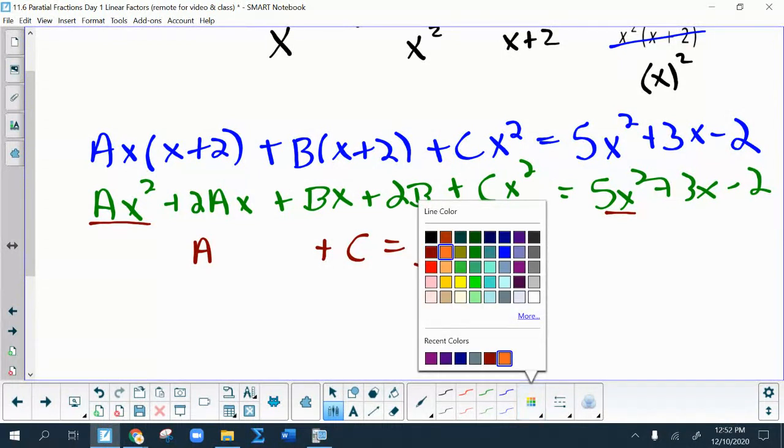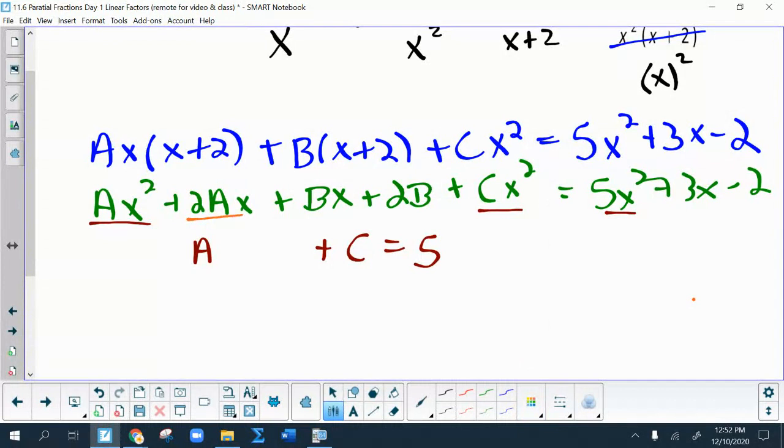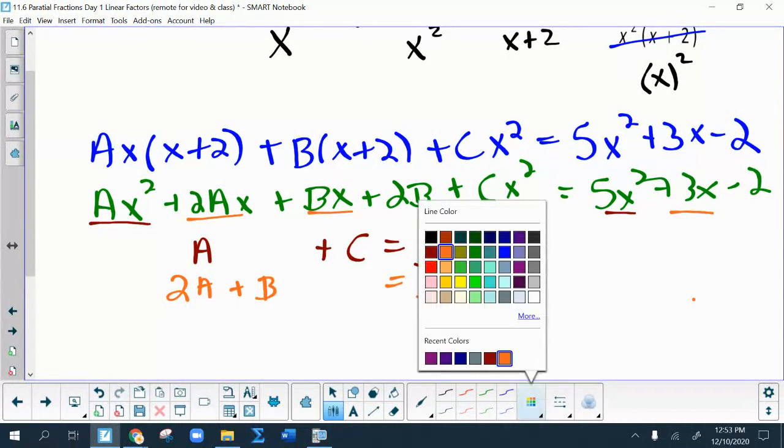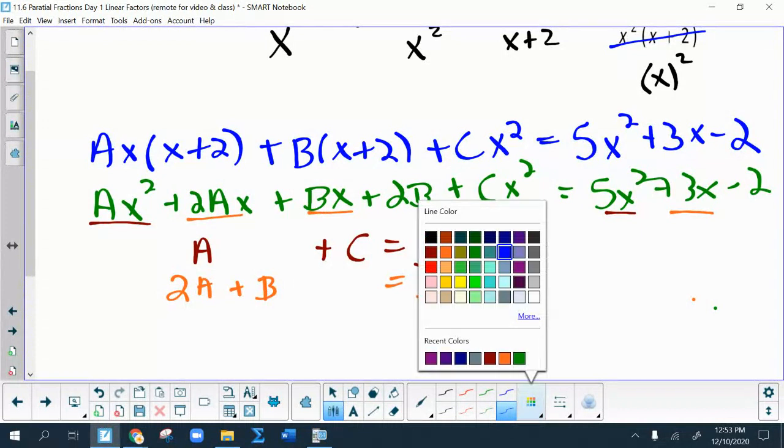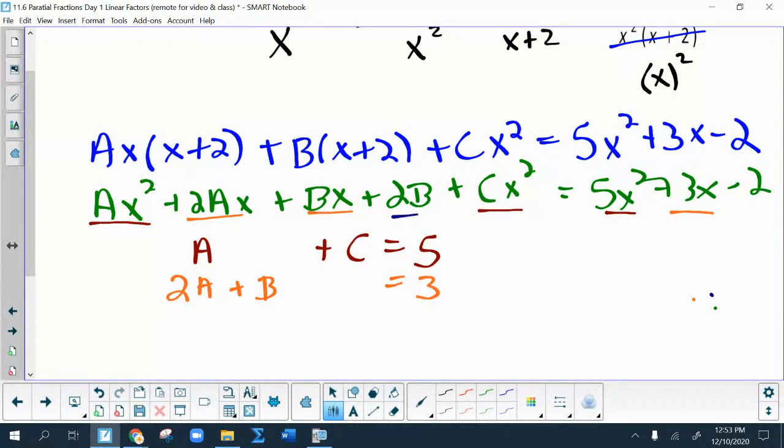Then I see this x term and this x term, and then an x term on the right. So 2a plus b equals 3 will be my second equation. And then my third equation is just this constant stuff.